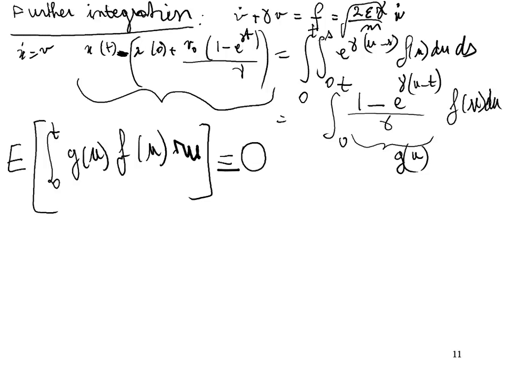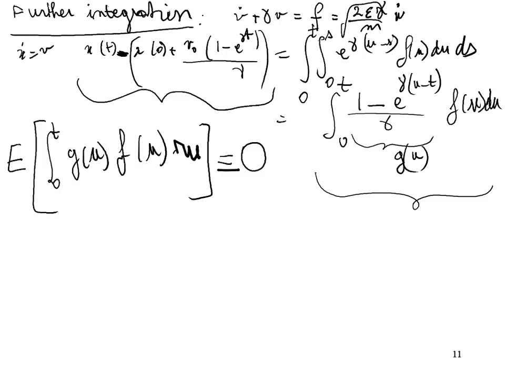So the difference x of t minus x0 plus v0 times 1 minus exponential of minus gamma t, for those who are familiar with Brownian motion, is going to be a Brownian motion, the integral of a function j of u, and this j of u is a deterministic function, so it can be fully characterized if we know the variance.